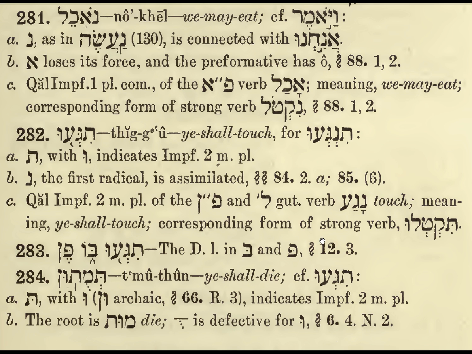It corresponds to this form of the strong verb, tiktelu. Now we have a dagesh lene here in the bet and the pe because of disjunctions. Tig gano bo pin.